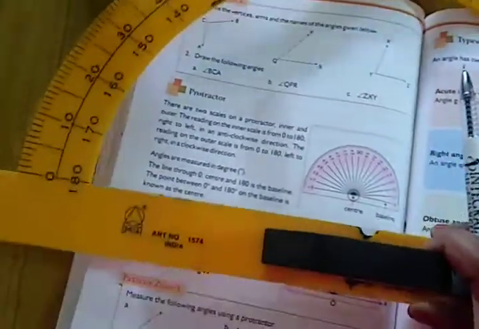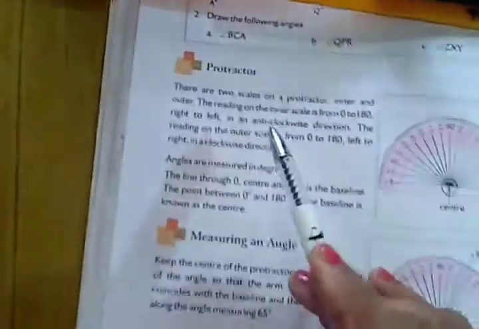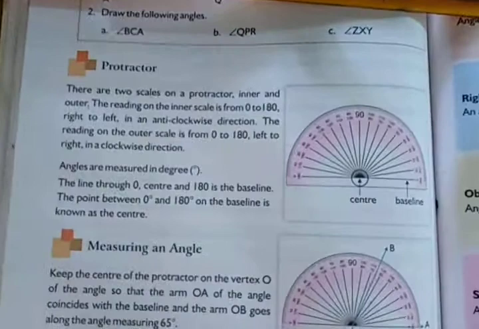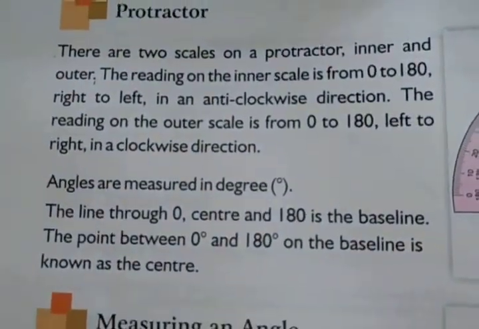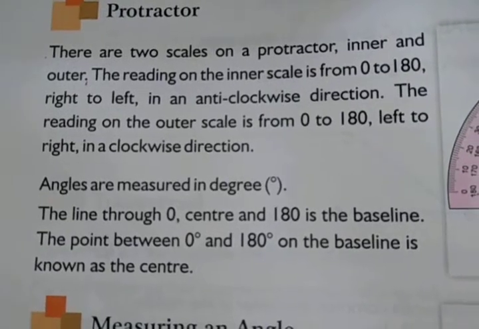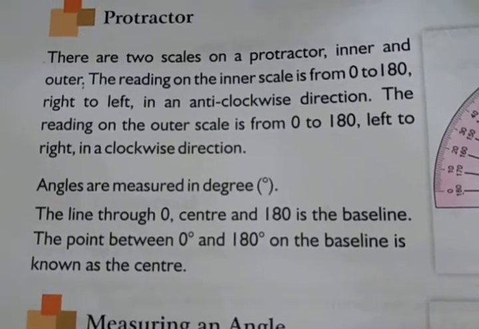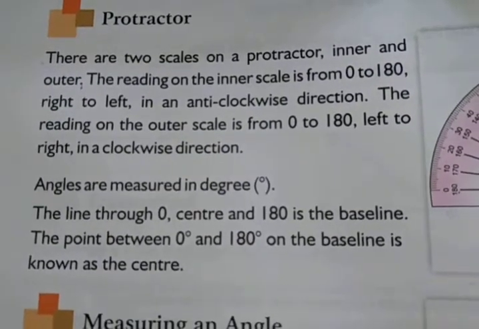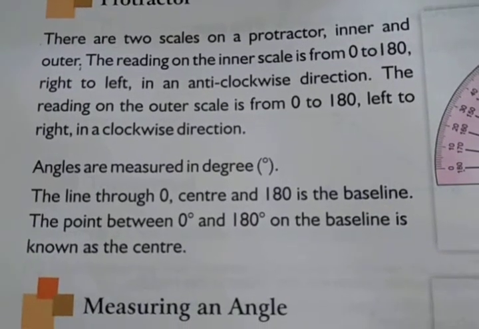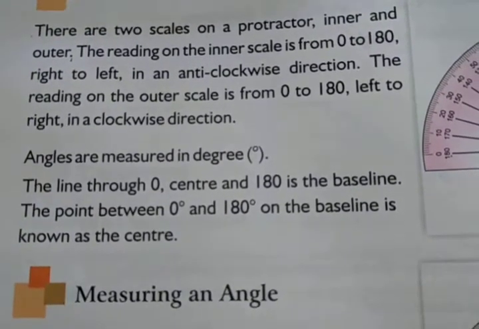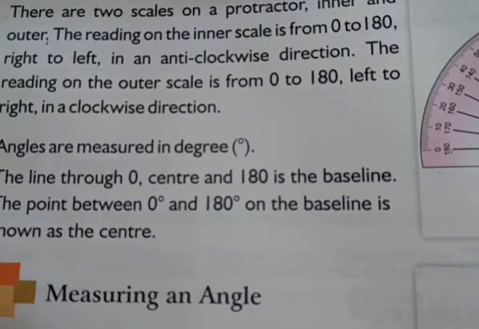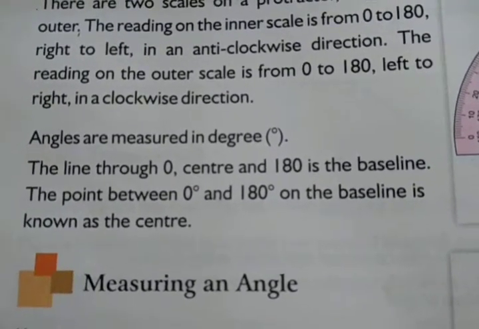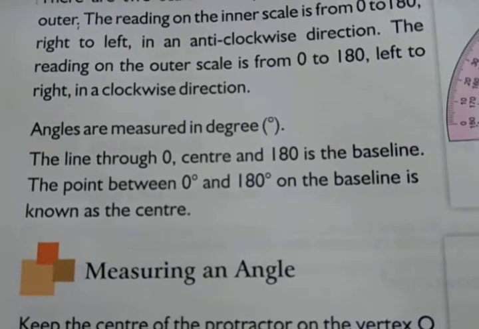So we can say there are two scales on a protractor, inner and outer. The reading on the inner scale is from 0 to 180 degree, right to left, in an anti-clockwise direction. The reading on the outer scale is from 0 degree to 180 degree, left to right, in a clockwise direction.